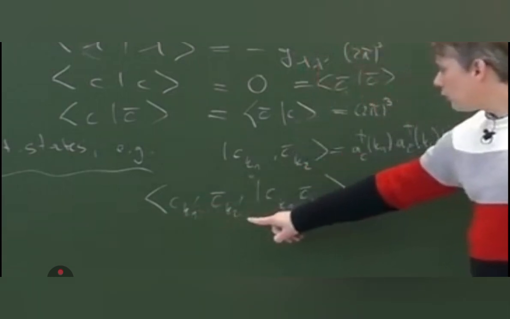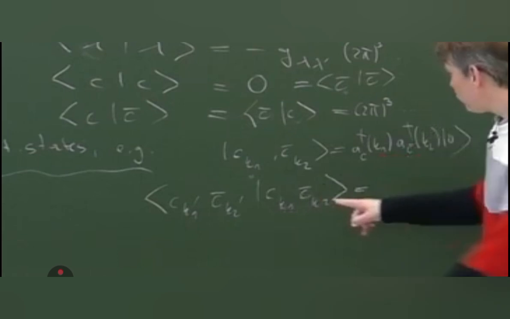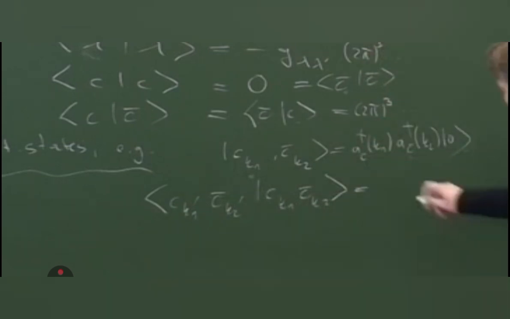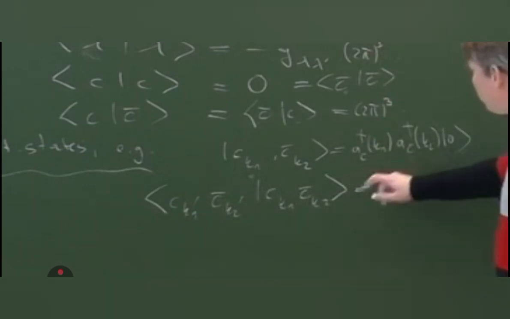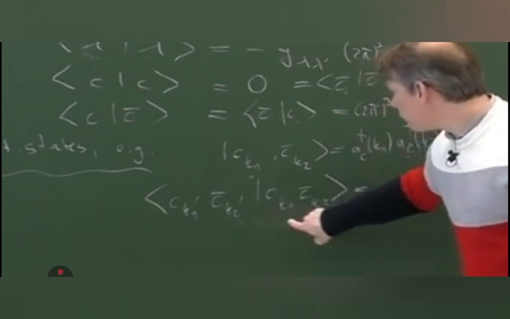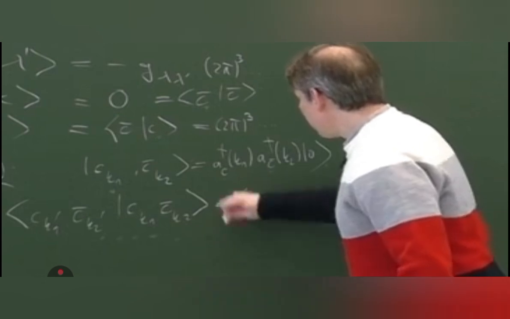Where this state is defined as the adjoint state corresponding to this one. That means if this is defined like that, that state here is the vacuum and then the opposite order of the A's. And then you can see that in order to calculate this, you need to do commutational relations between these 4 A's and A daggers, which you have here between the vacuum. And in order to get something non-zero, you need to flip the order of one of them.